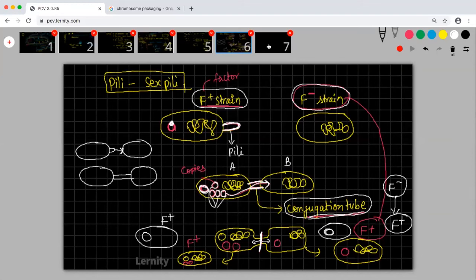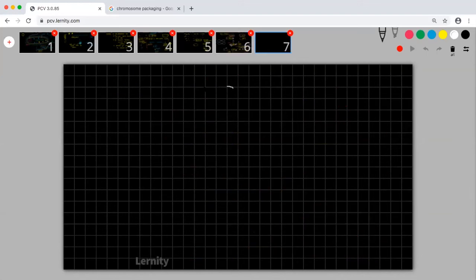Let us say this particular bacteria is having pili. This is the F plus bacteria. Let us say this bacteria is the F minus bacteria, but this will also have pili. So once this bacteria has got it through the pili, it will transfer.